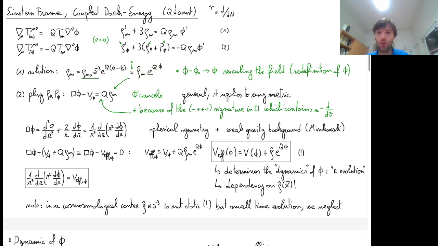Then we look for our Klein-Gordon equation for the field, equation number 2, which can be rephrased once we plug in the definitions of rho and p of our fluid.